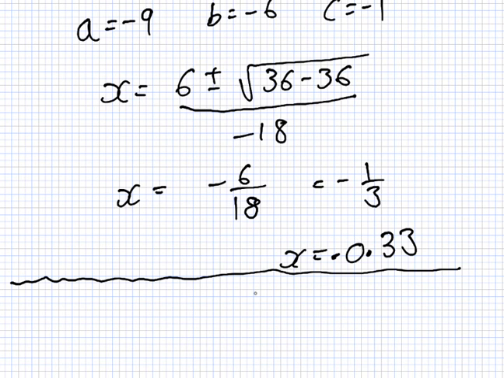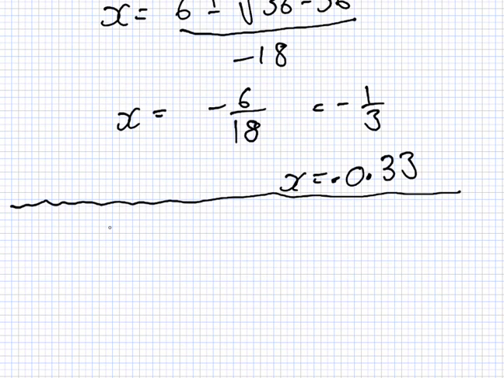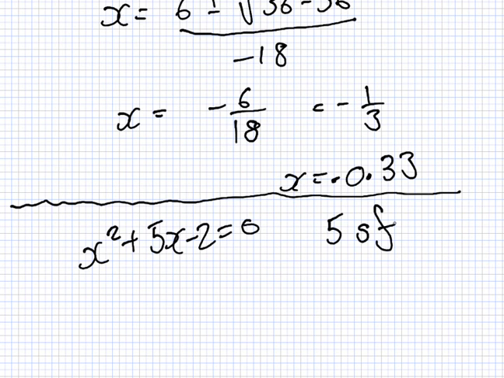D, yes, D would be good. X squared plus 5x minus 2 equals 0. 5 significant figures. Okay, try this for me. And when you have finished, check with the person beside you, see if you got the same answer.